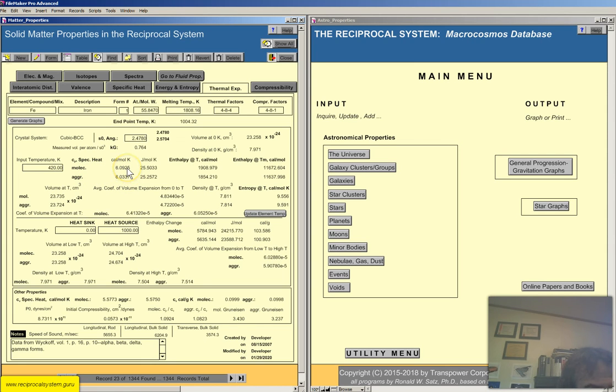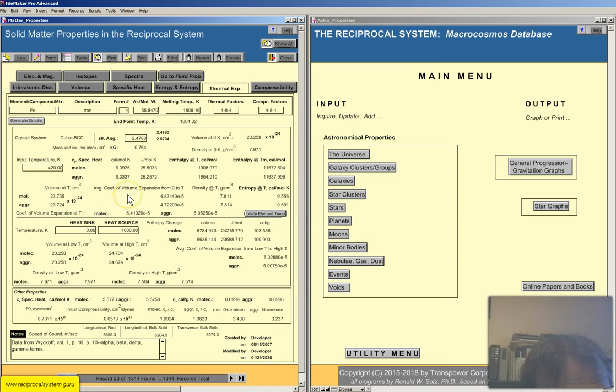A small difference here, cal per mole per K, joule per mole per K. And of course, it calculates enthalpy at T, which is here, and then enthalpy at the melting temperature, T sub M. And you can see the big difference there. And then, of course, it calculates the volume at T. That's for the cell, obviously.